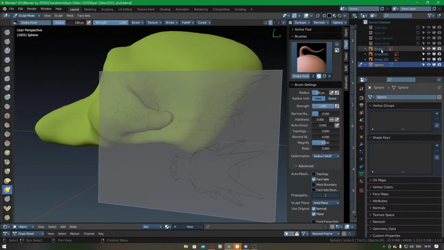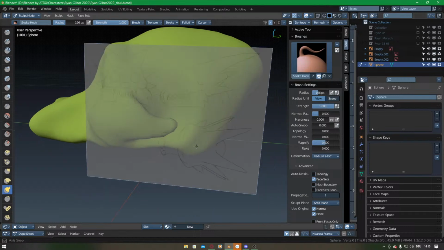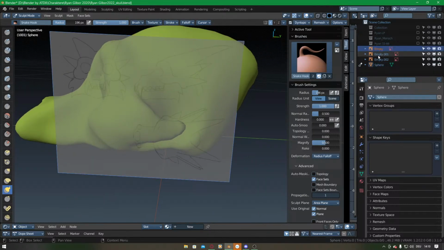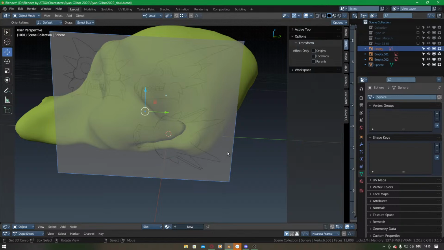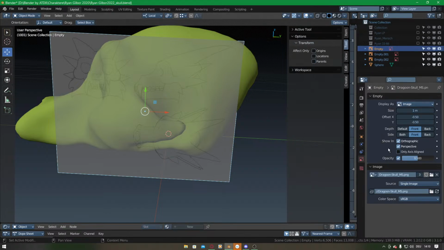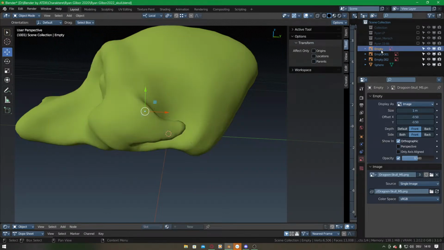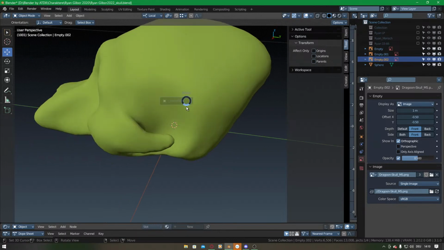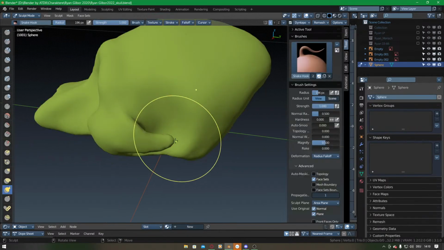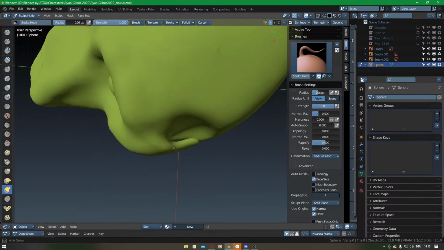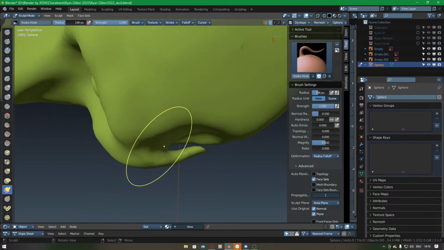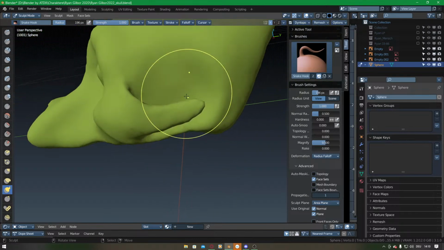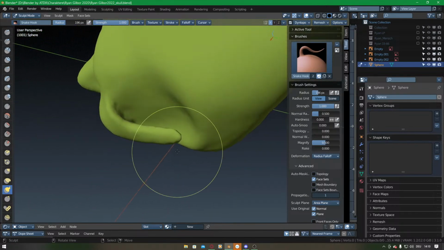Hold on. I see, I remember. I forgot that this is an option. I need to turn off perspective viewing because now it doesn't obstruct anything. And let's see.